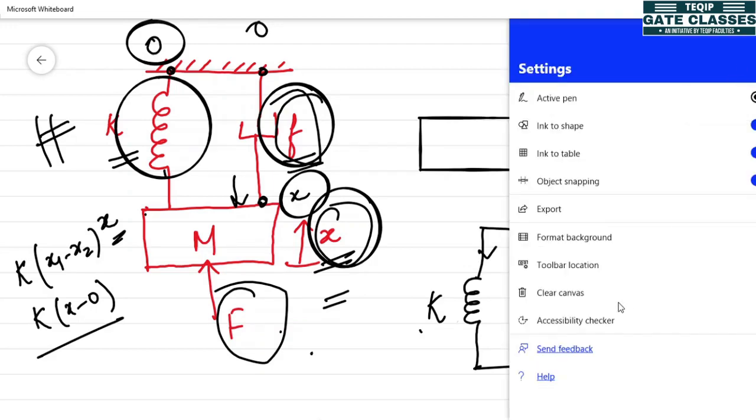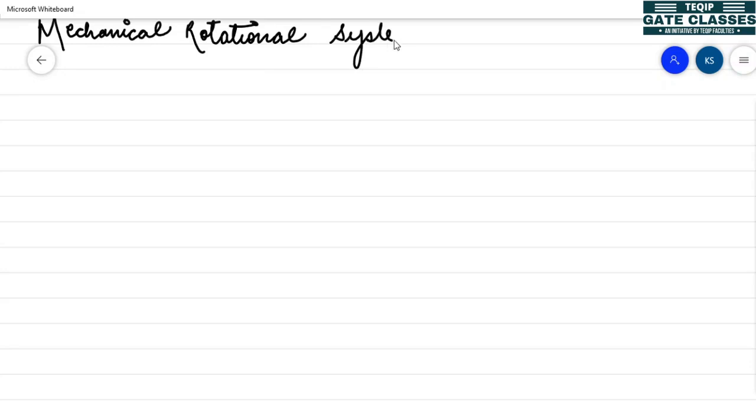Now I will discuss rotational motion, the mechanical system which does rotation. Motion is always about a fixed axis.